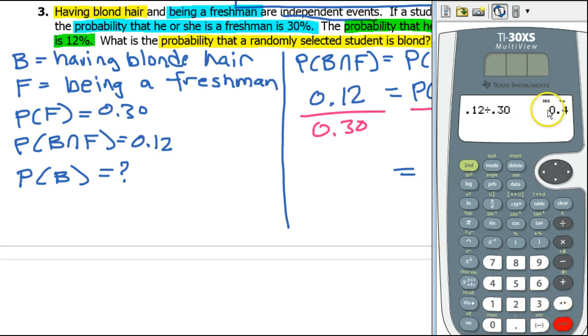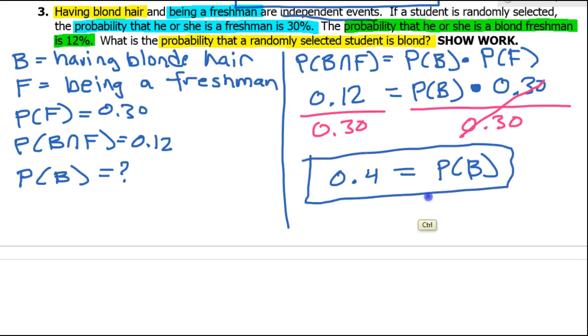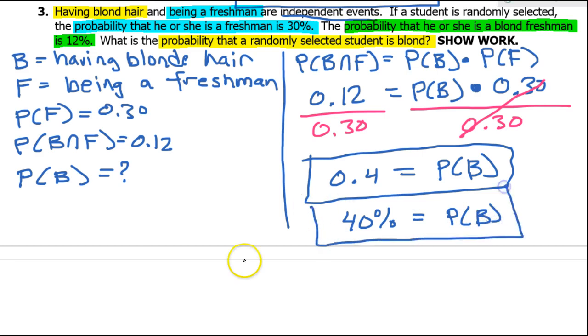All right, that comes out to be 0.4. So that is the probability of being blonde, which is also the same thing as 40%. Okay, so that's another valid way to write it.